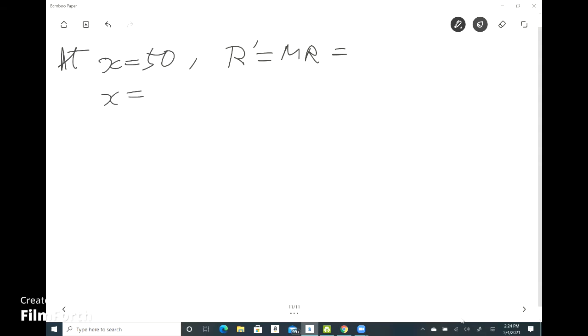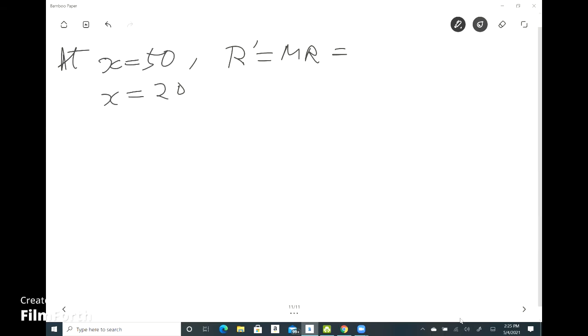Try x equal to 20. Take a look at 20. What do you get? $10.12. 10.12.